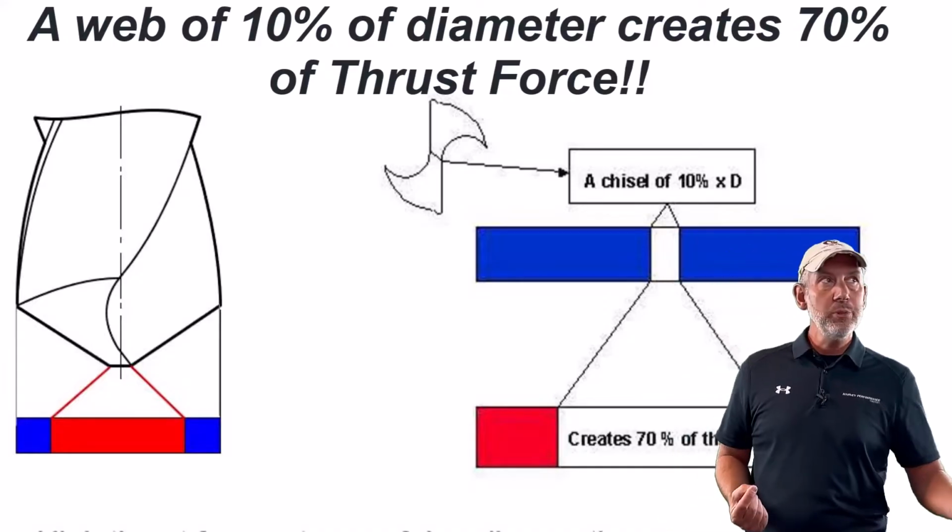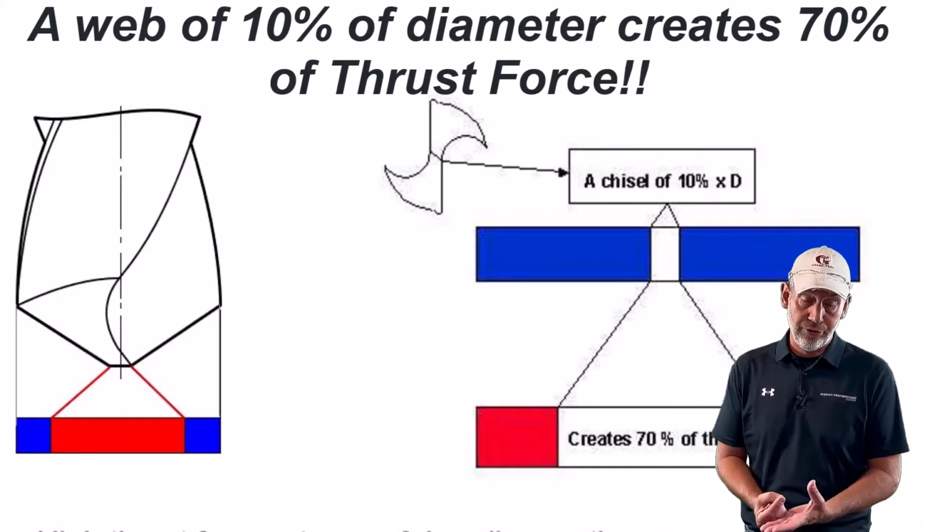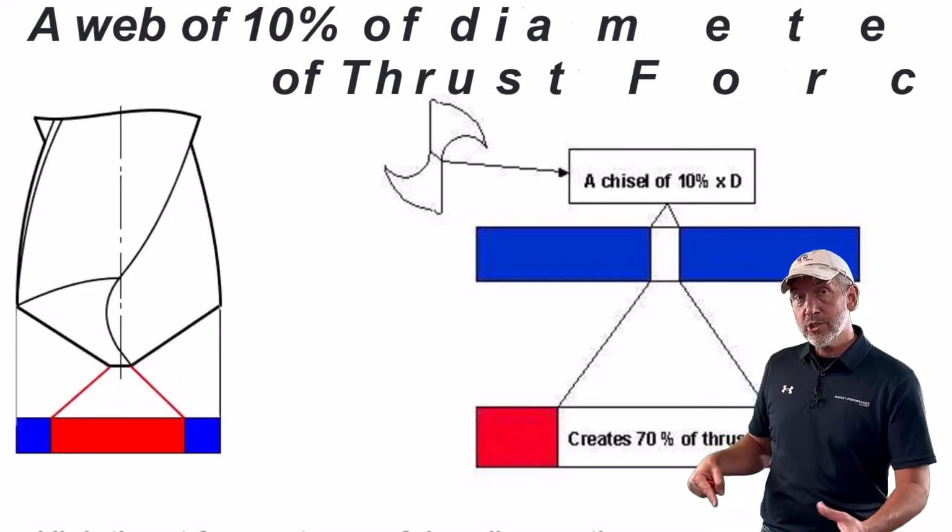The point is really generating 70% of the thrust force that's going through there. So what do we need to do? We need to accommodate the thrust force by doing certain things to the point and the point angle based on the material, in order to get that to drill efficiently and as freely as possible to get down to the bottom of the hole, or to make a high-quality hole.